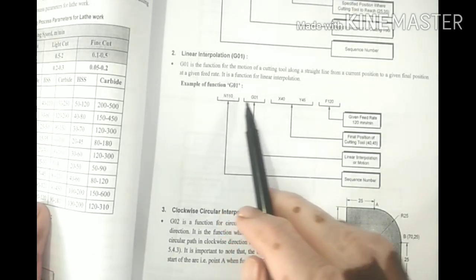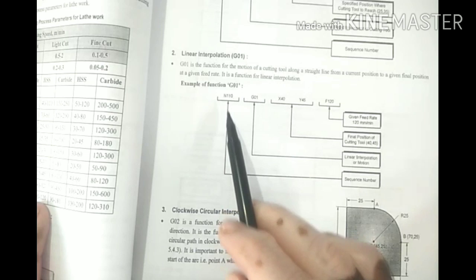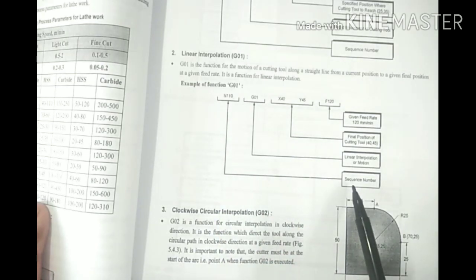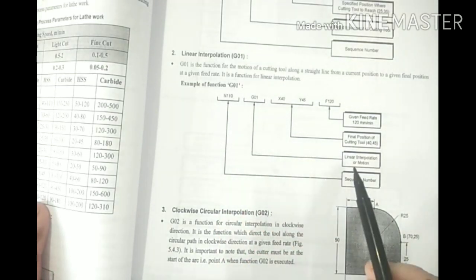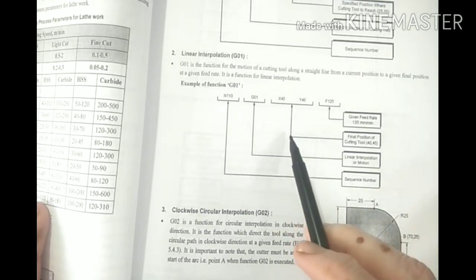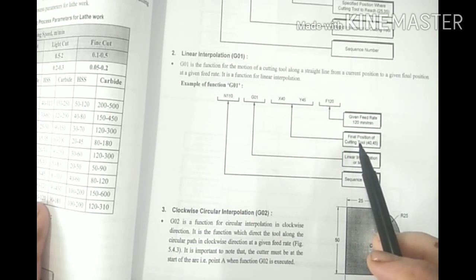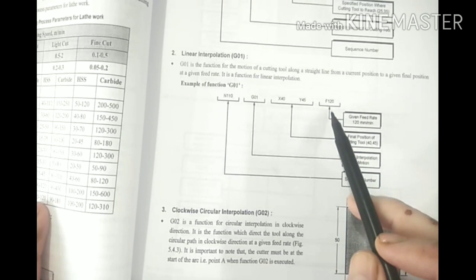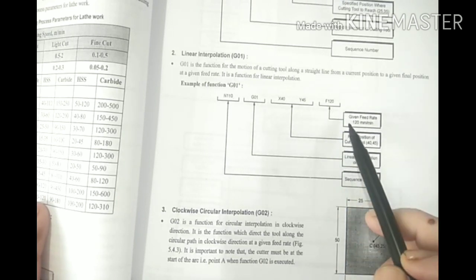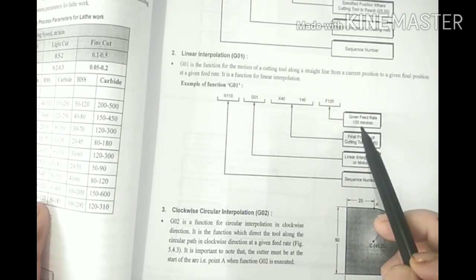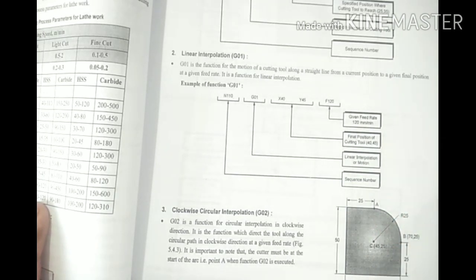If it is given in a block, N110, that is the sequence number, G01, linear interpolation, X40 Y45 means X-axis movement 40 and Y-axis movement 45, the final position of cutting tool, and feed rate F120, the given feed rate is 120 mm per minute.